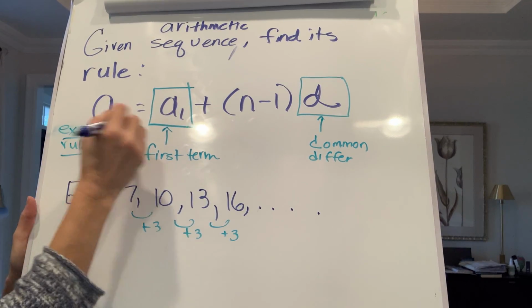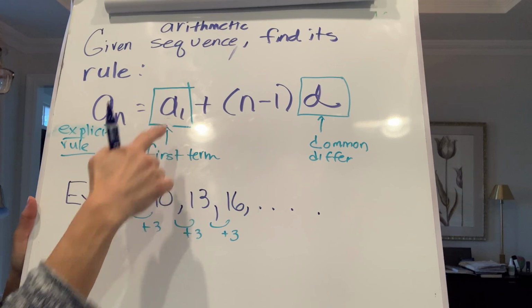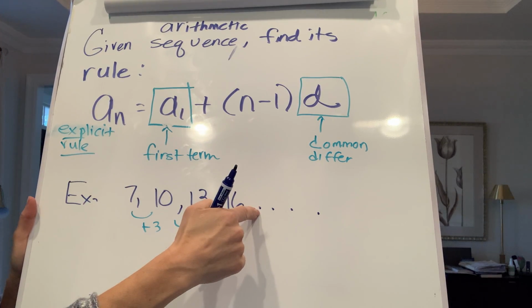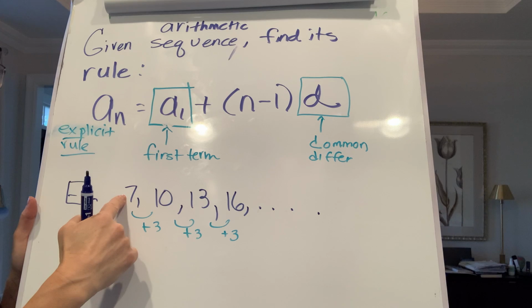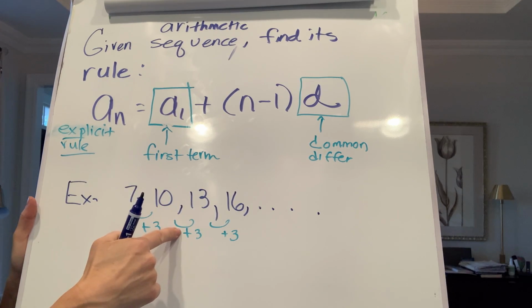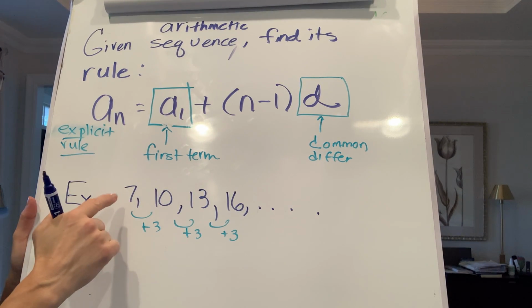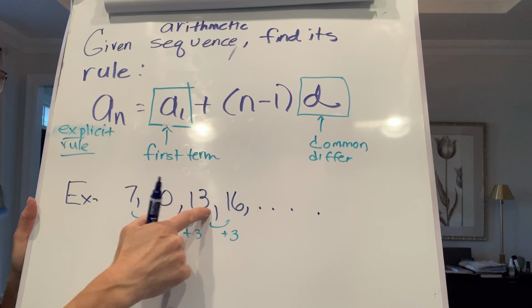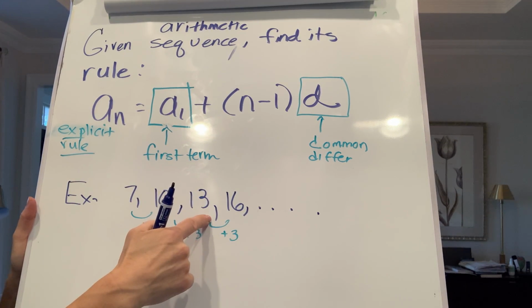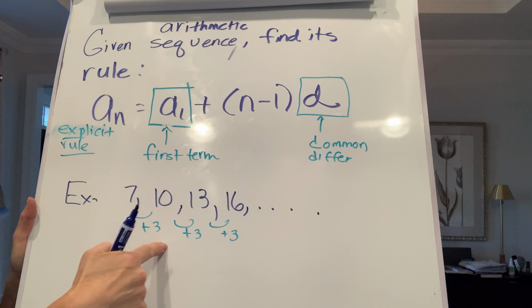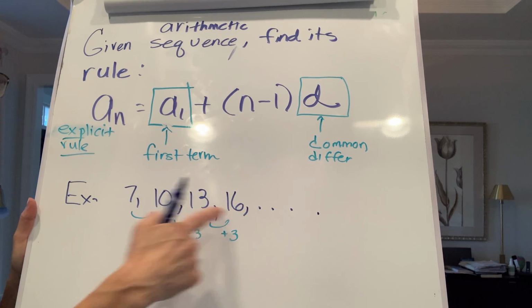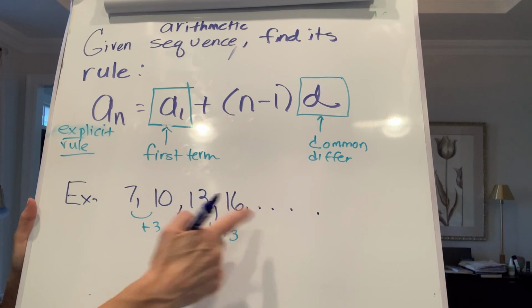The explicit rule says what I do from 7 to get the next number. So if I started at 7, to get 10, I would add 3 one time. To get to 13, it's the third number, so I'd add 3 two times. To get to 16, it's the fourth number, so I'd add 3 three times.